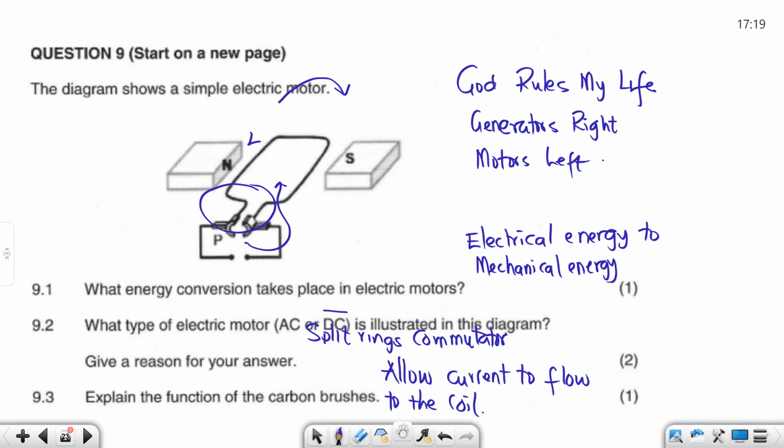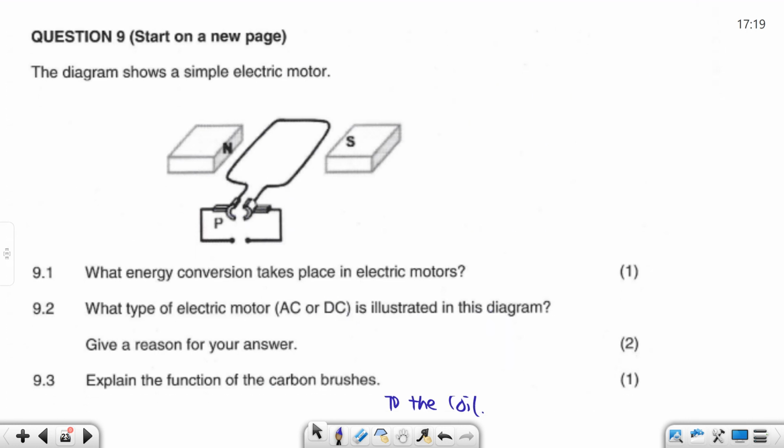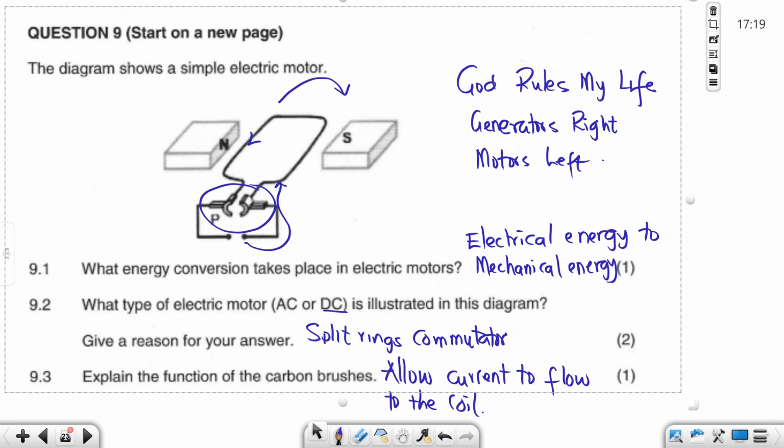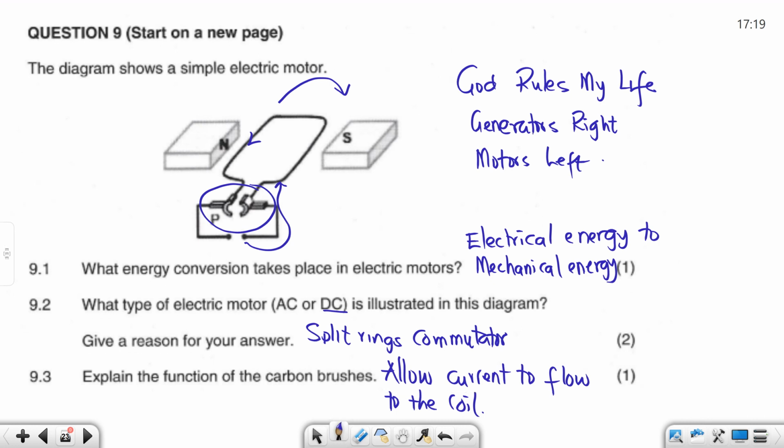Are we okay, everybody? I hope it makes sense. So let's try to see if we can get it right. Okay, so current is now going this way. Is that fine with you? Current comes this way.